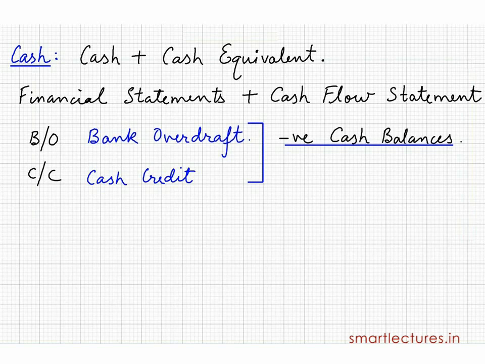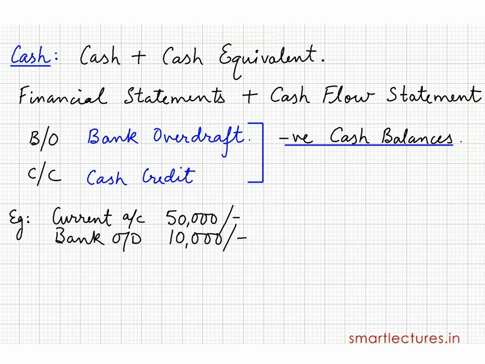I mean to say, suppose your company has 50,000 rupees in your current account, and in another account there is bank overdraft of rupees 10,000. So your bank balance will be taken as 40,000 rupees, because on one side you are keeping 50,000 rupees and another side you owe 10,000 to the bank. It's just like temporary loan.